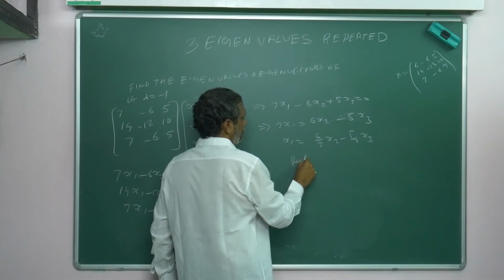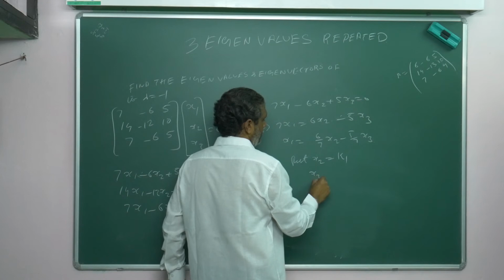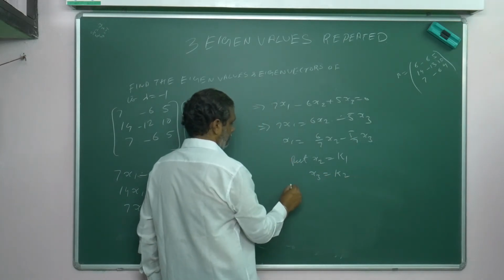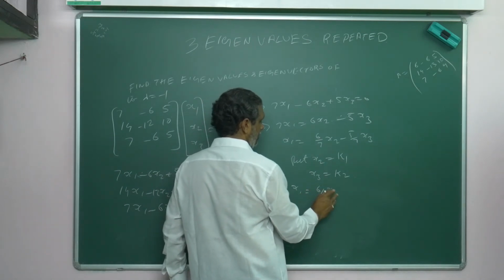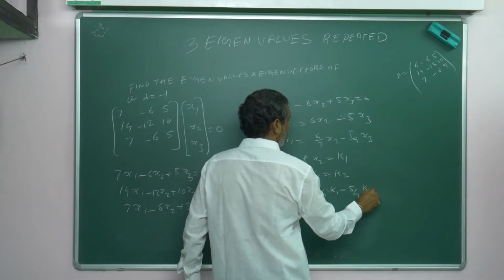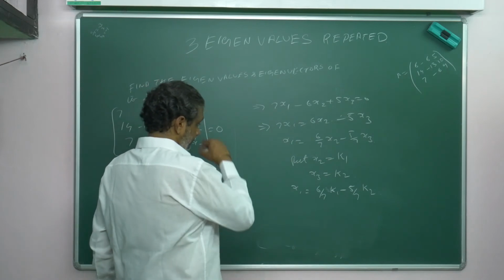Put x2 is equal to k1 and x3 is equal to k2. Then x1 will become 6 by 7 k1 minus 5 by 7 k2. Okay or not?